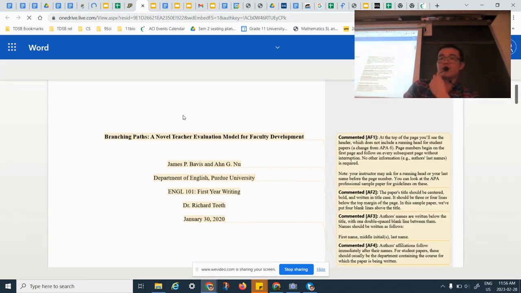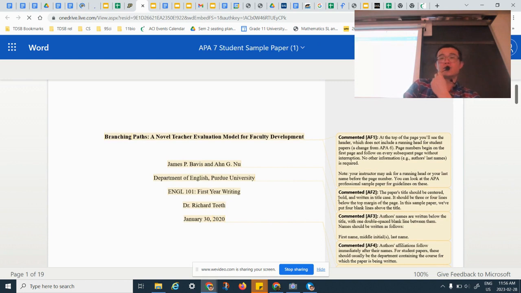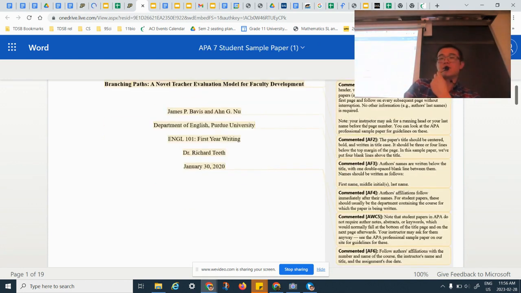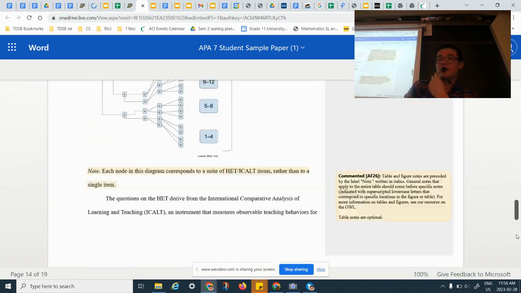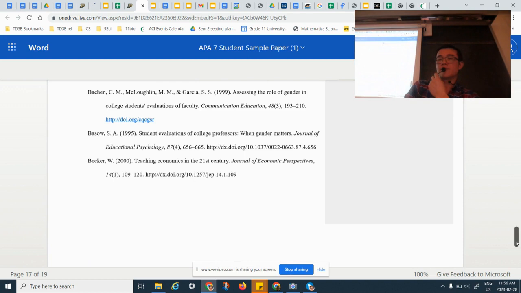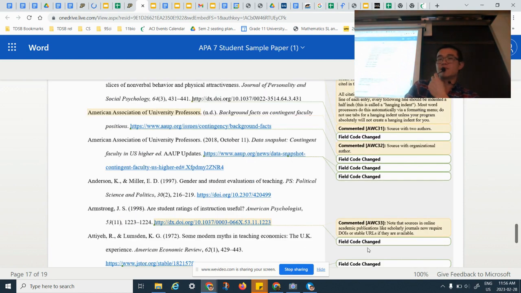Okay, so that would be more than adequate. If you look at this document, the comments explain why they have things that way. You can see how the in-text citation is made, you can see how the reference list was made, etc. Okay.